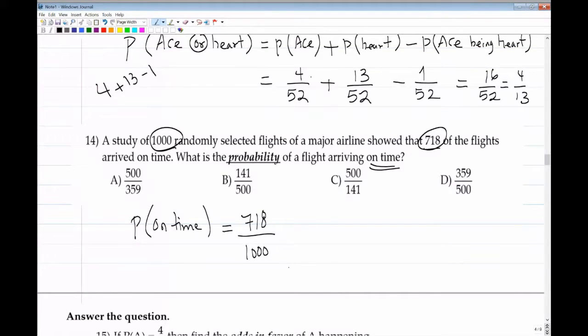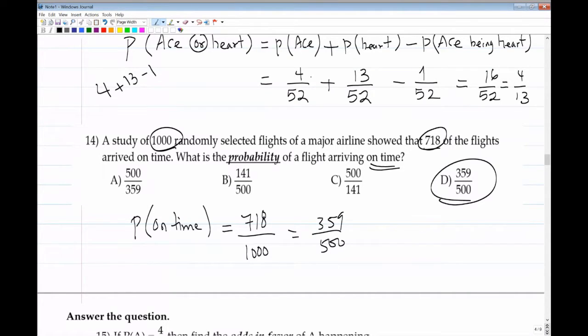And then you will reduce this, or you change it to decimal. But you could divide that by 2. So if you take 718 and divide that by 2, you'll end up with 359 over 500. And that will be the answer right here.